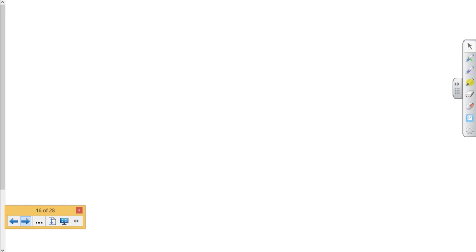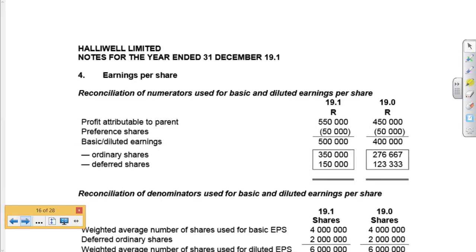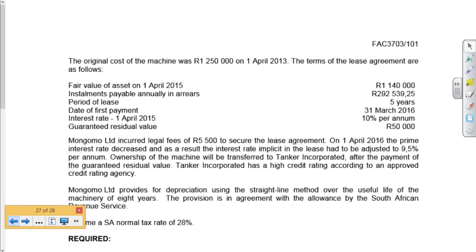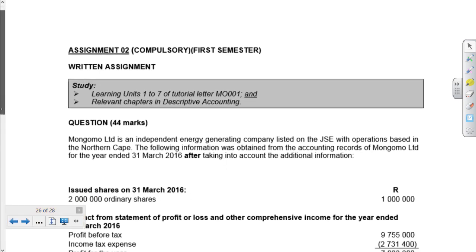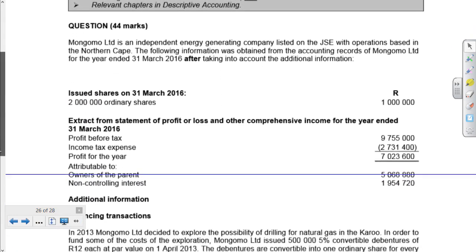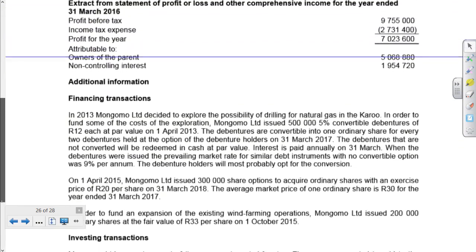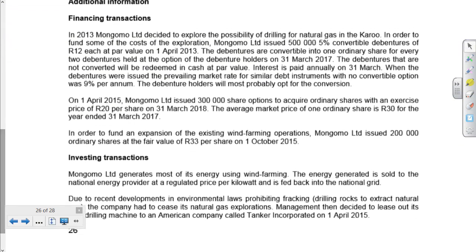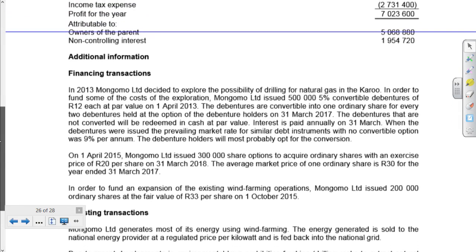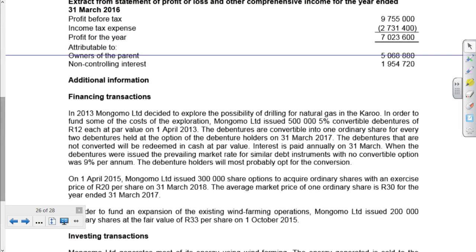So when we look at the assignment that we started last week, there were some stories here about deferred shares. Because remember last week we did basic, but it was such an easy calc. Do you recall?